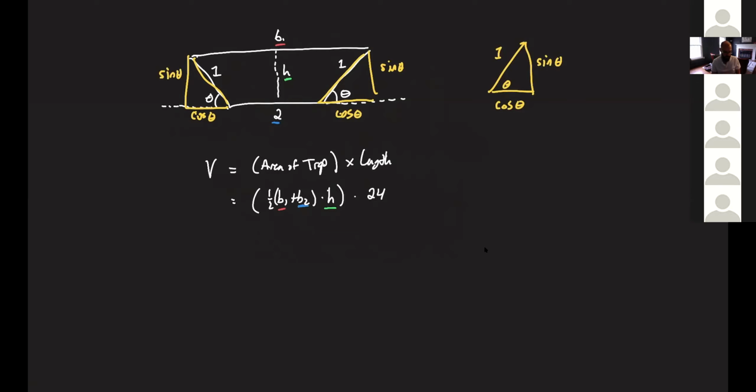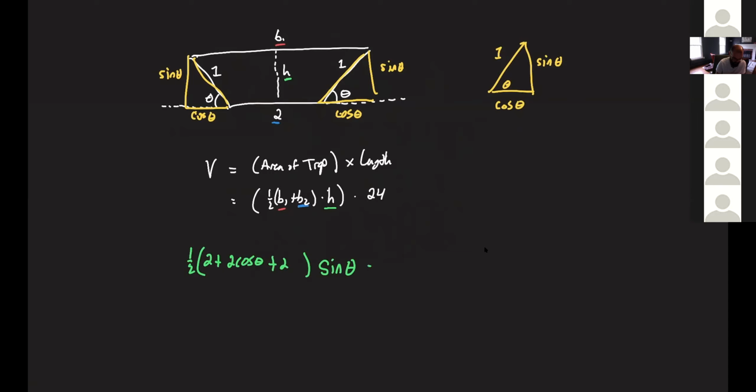Okay, so it turns out that in green here, my height is going to be sine theta, and then I get 1/2 times, well, my base 1 is going to be 2 plus 2 cosine theta. And then my base 2, we said, was 2.